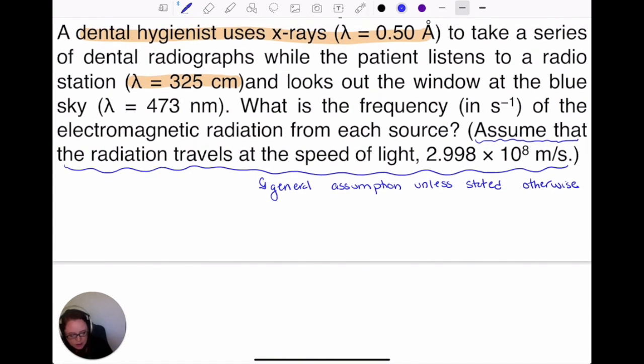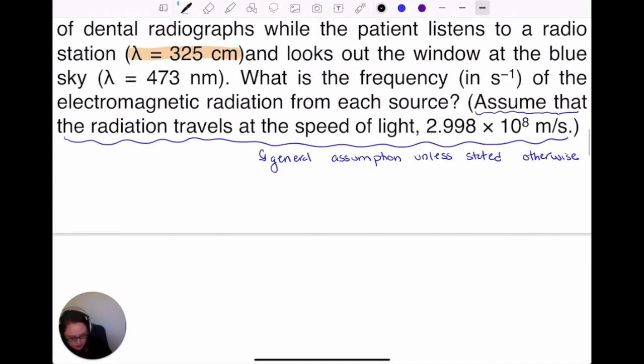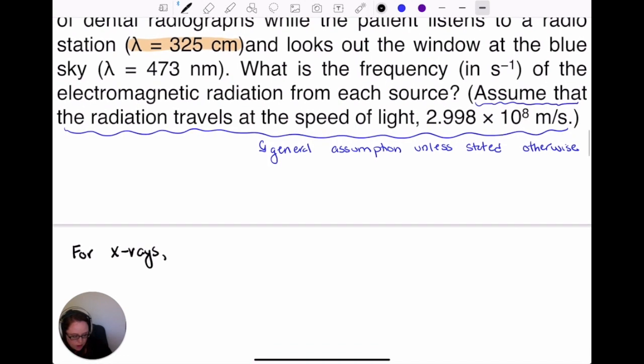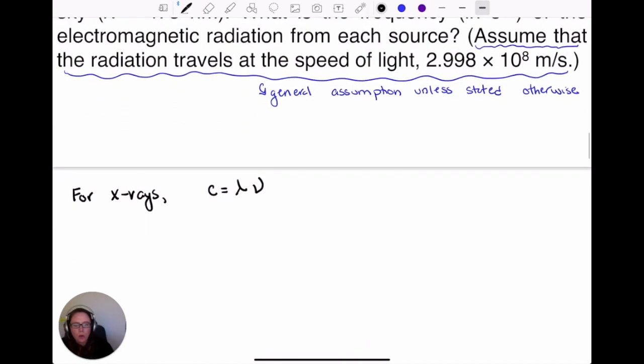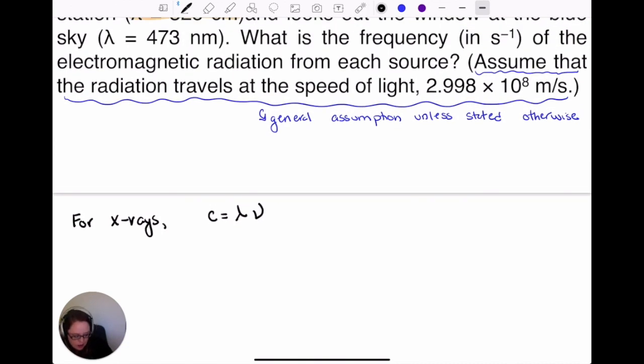Okay, so I'm going to use the equation. I'm going to do this just for the X-rays. We're going to use c is equal to lambda times nu. And then I want to rearrange this equation to solve for the frequency.